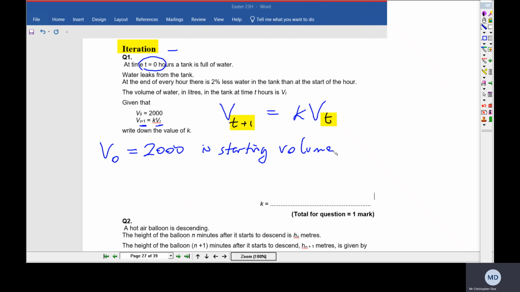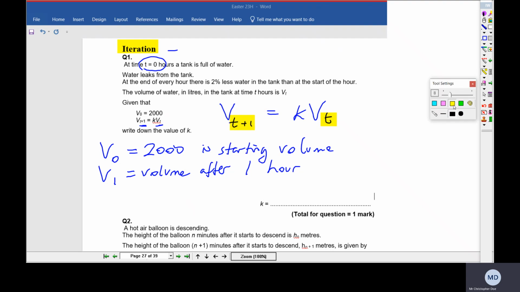Is this question in hours or minutes? Hours. So V1 is volume after how much time? After 1 hour. Does that make sense? V1 is just a code. It just means volume after 1 hour.